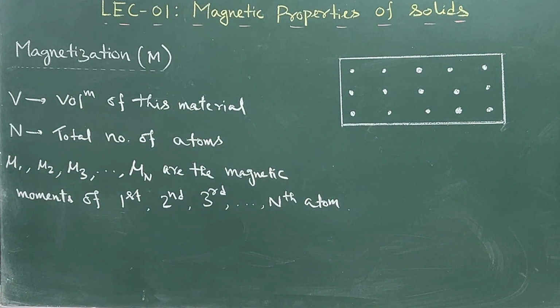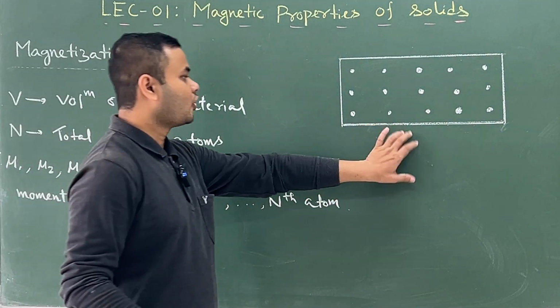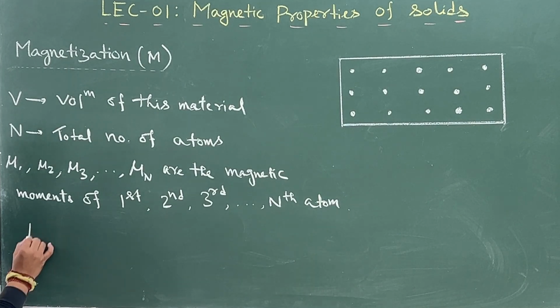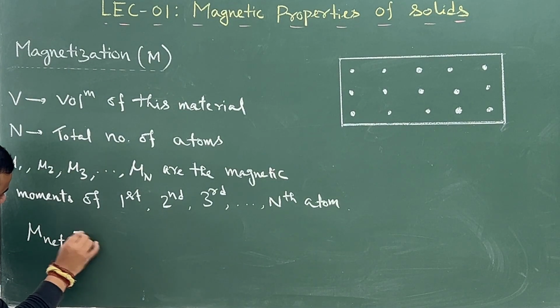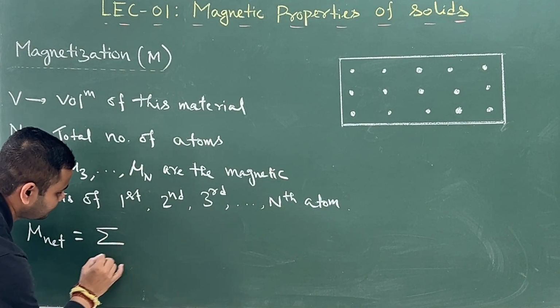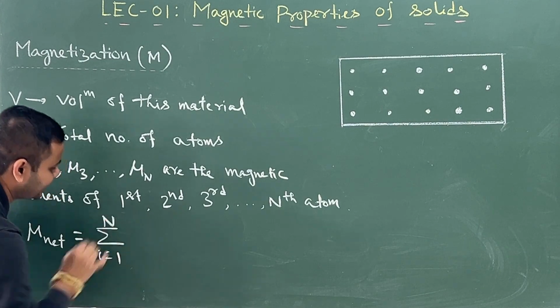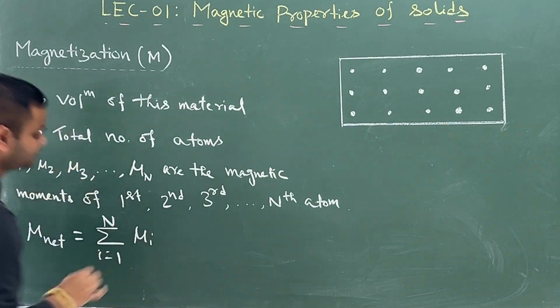So total magnetic dipole moment of this whole material will be mu net is equal to summation I goes from 1 to n mu I.